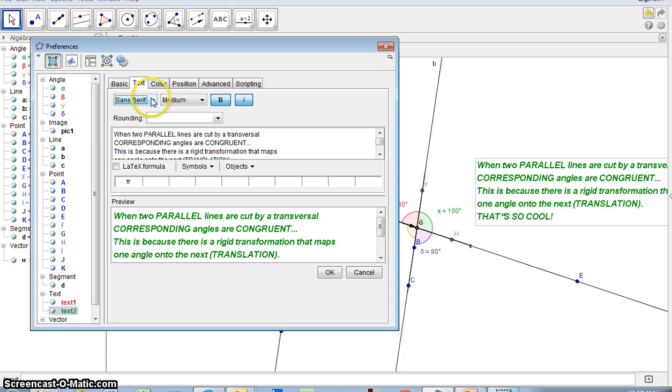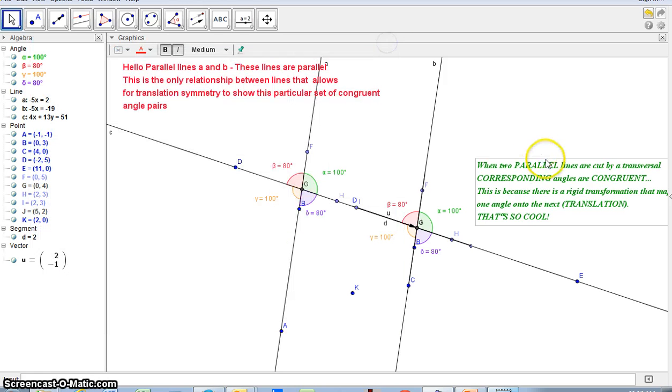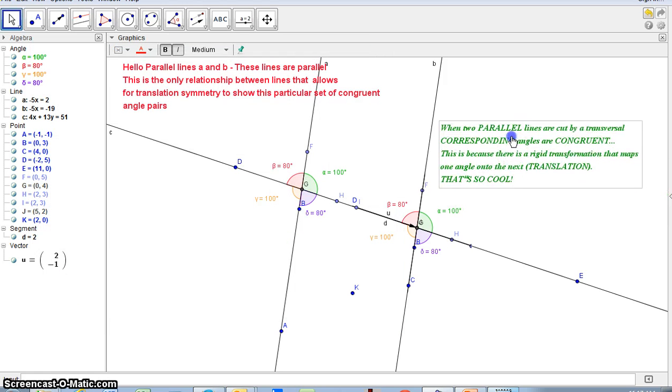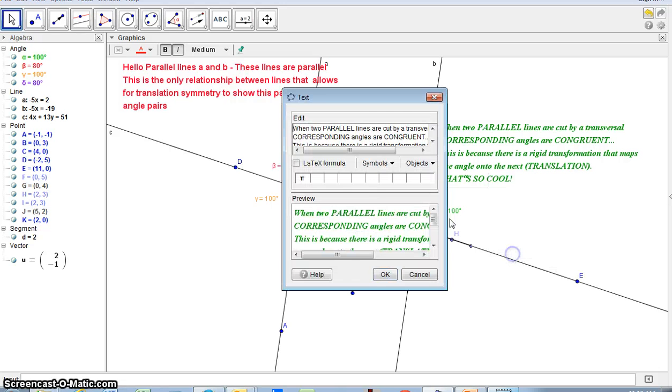And maybe it even deserves serif. When two parallel lines are cut by a transversal, corresponding angles are congruent. This is because there is a rigid transformation that maps one angle onto the next. Oh, I'd better edit this right here.